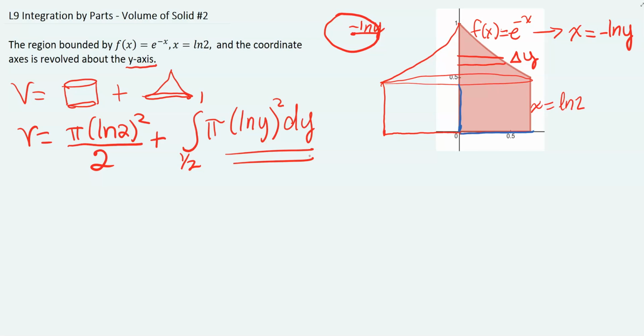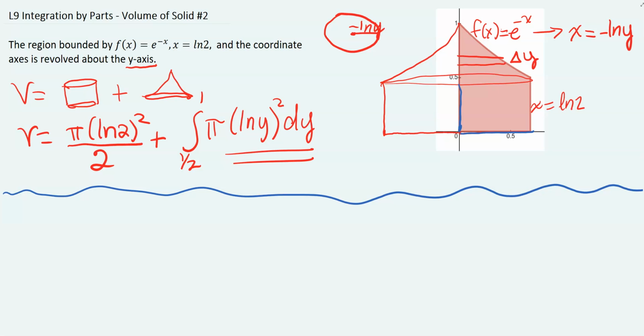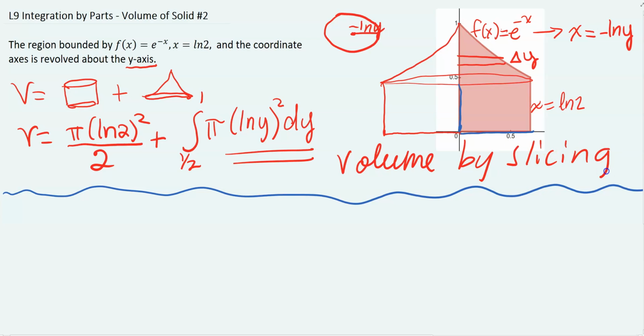What I really want to do is to not do this by slicing, and not by breaking it into a cone and a cylinder, but to do this by shell. So this part right here is volume by slicing, and I'm now going to do this volume by shell.